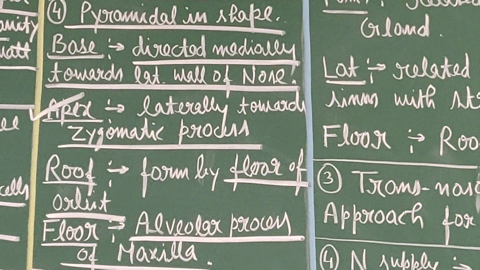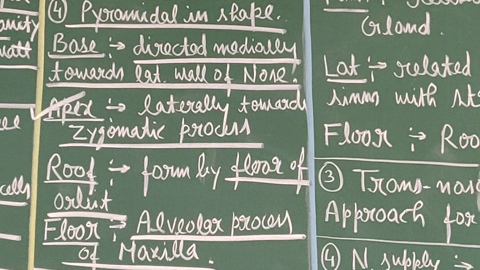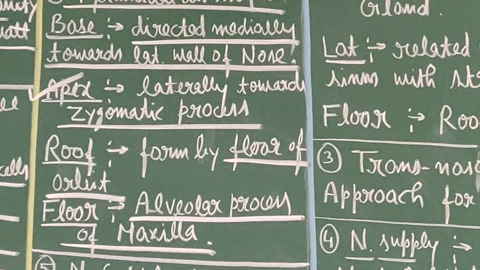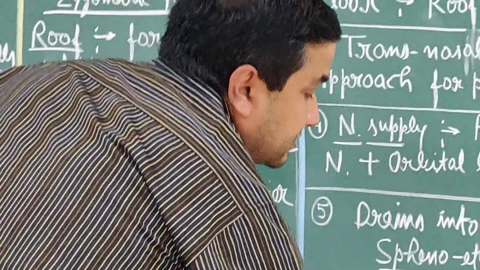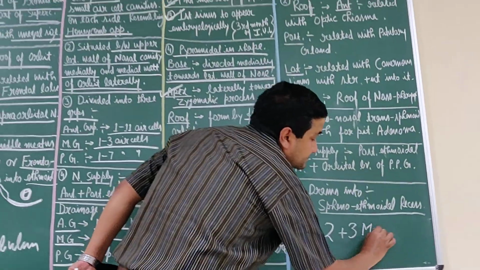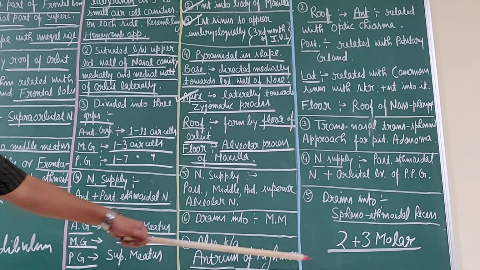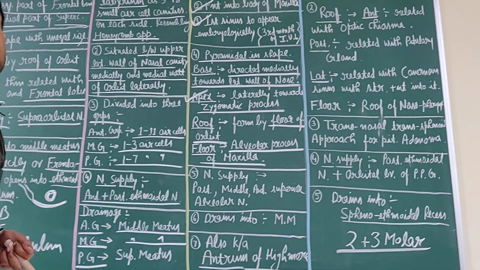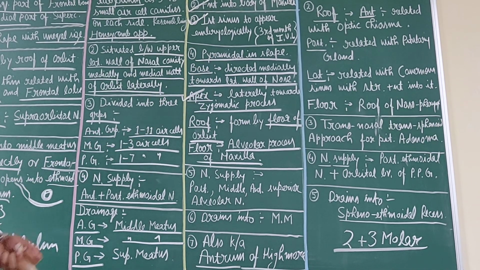So the floor of this sinus is normally related with the roots of the second and third molar. The roots of the second and third molar teeth are separated by a thin plate from this sinus.